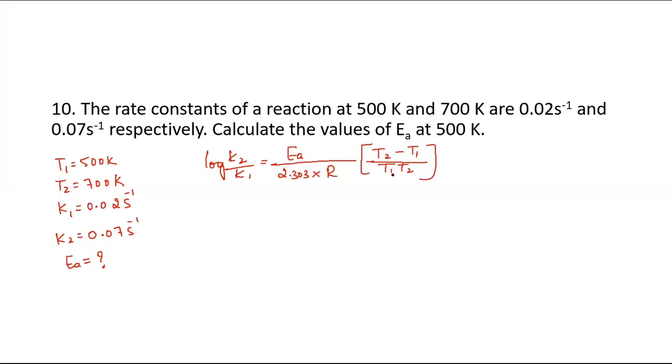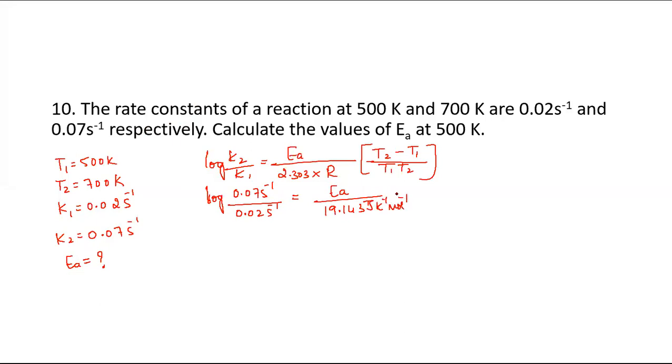Only Ashwini has given the right answer. Okay, so log of K2 by K1: what is the K2 value? 0.07 per second divided by K1, which is 0.02 per second, is equal to the EA value we need to calculate, divided by 19.143 joule per Kelvin per mole.